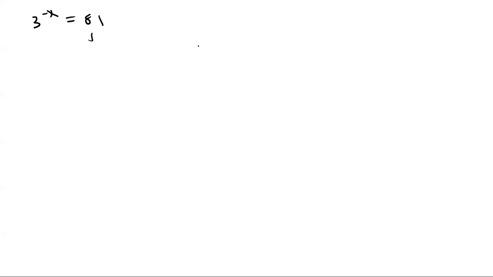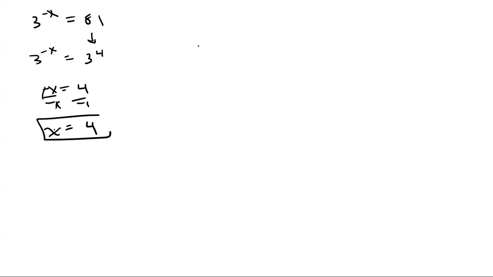So in this case, we can rewrite this as 3 to the 4th power equals 3 to the negative x power. Now we have the same bases, so we can just equate the powers to each other. So that's negative x equals 4. Then divide both sides by negative 1. So x gives us 4. Sorry, negative 4.